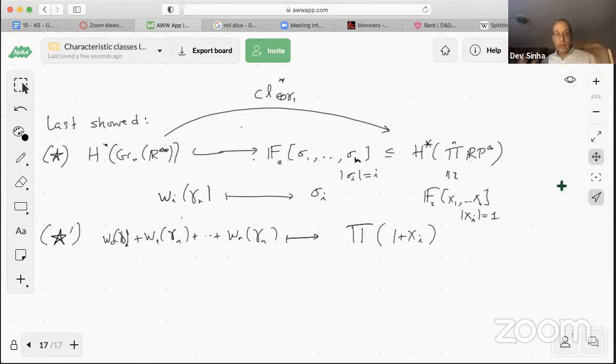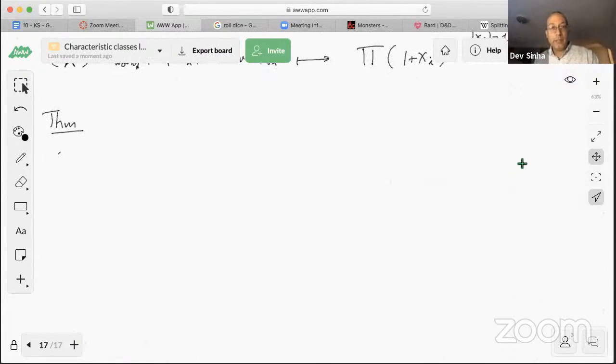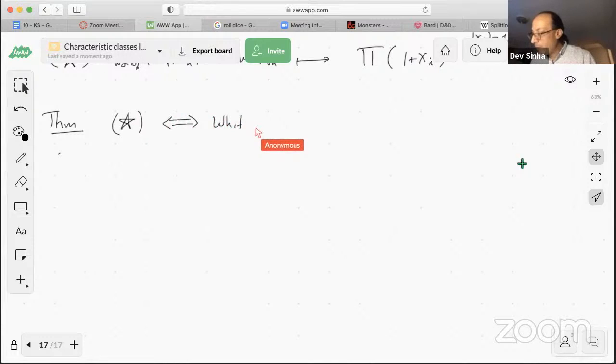So this calculation is key in that application. Well, let's state the following theorem, which will be our first main step in the proof of the Whitney sum formula: this calculation is equivalent to the Whitney sum formula.